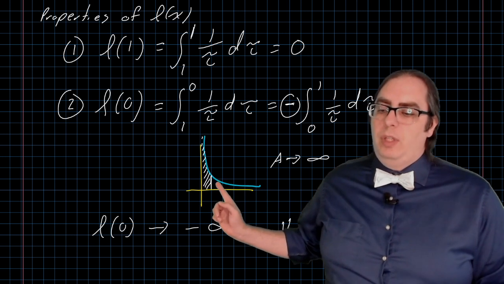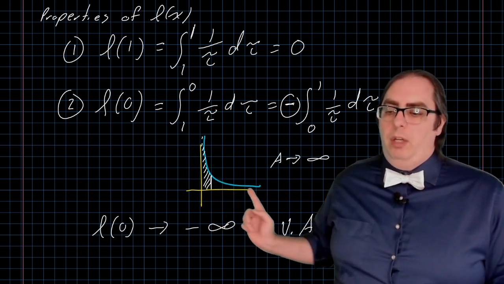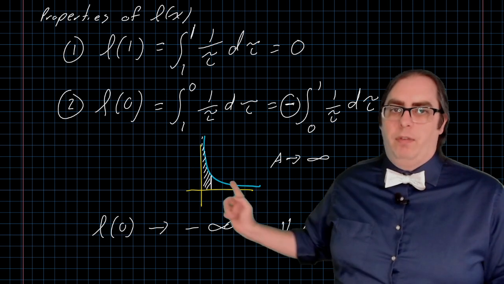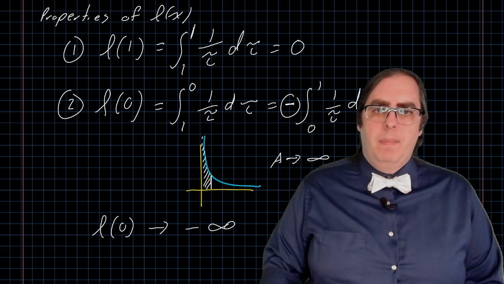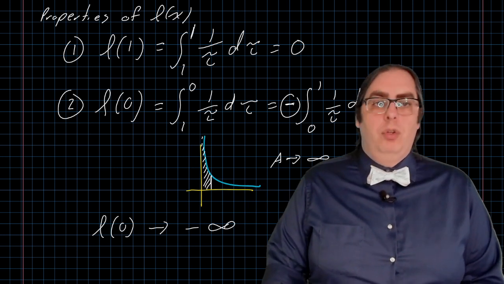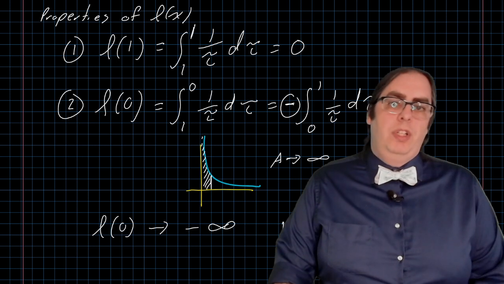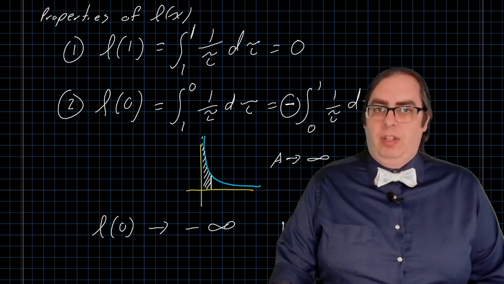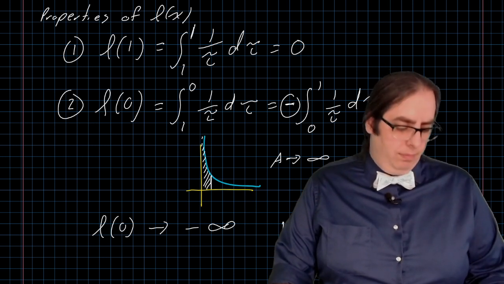If you want to look at what's going to happen as x goes to infinity, well, it'll be the area of this part of the curve, the part that's not shaded in the figure up here. And that's also going to be an infinitely large area. So the function is going to go towards infinity as x goes to infinity. There is no horizontal asymptote.